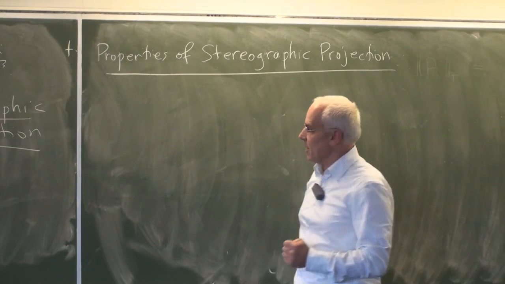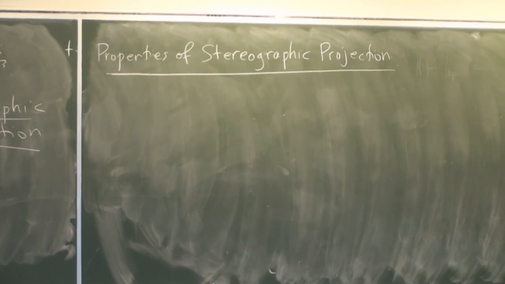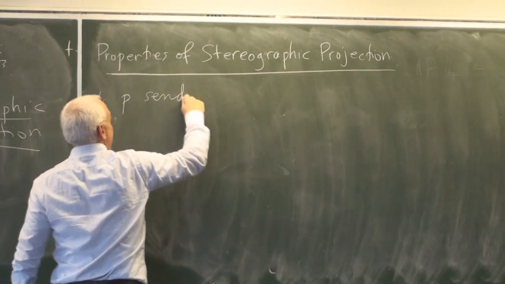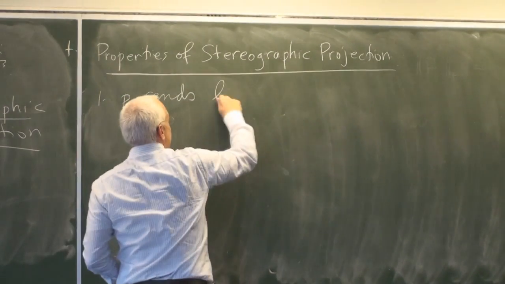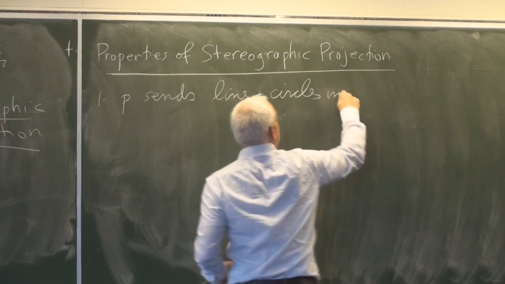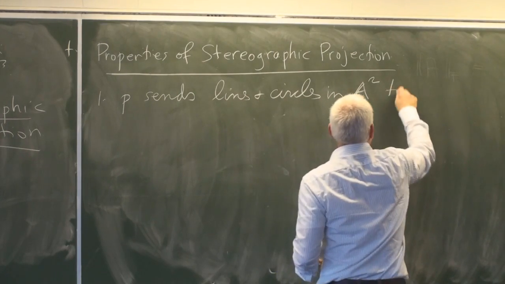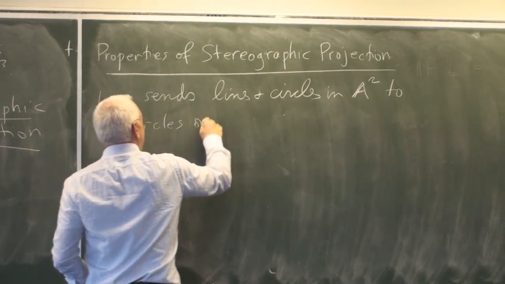Okay. So the properties are that, first of all, P sends lines and circles in the plane to circles on the sphere.